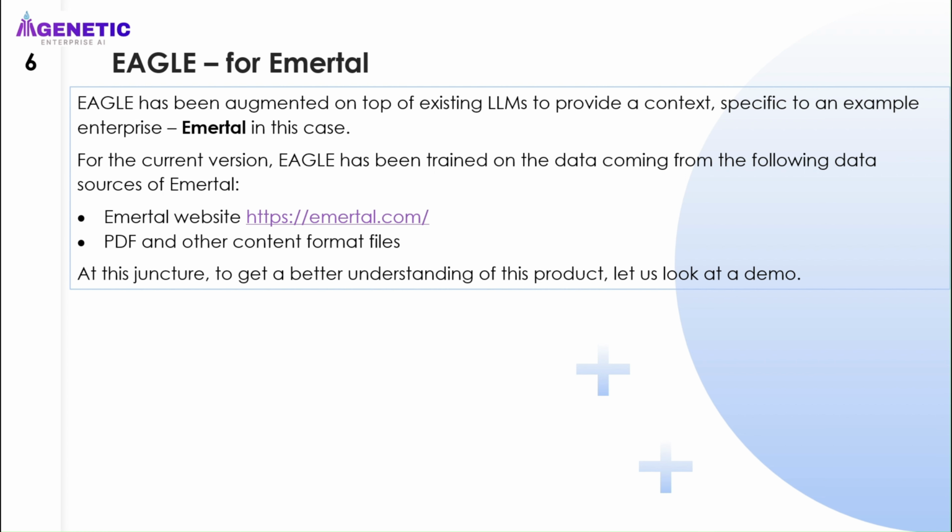At this point of time, we used the website data and other data in PDF format or any other textual format that they have, and based upon that, we built the Eagle model for them. To understand this entire model better with an example enterprise, let us take a look at the demo.